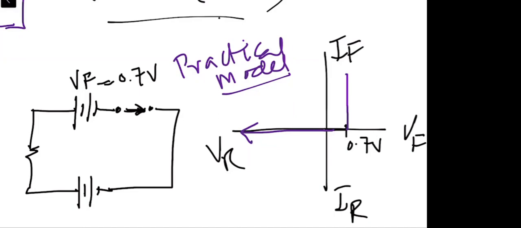So the third model is called the complete model, or it is also called the piecewise linear equivalent model.